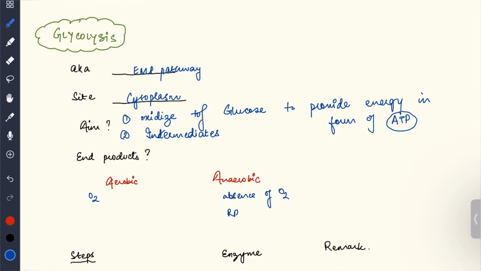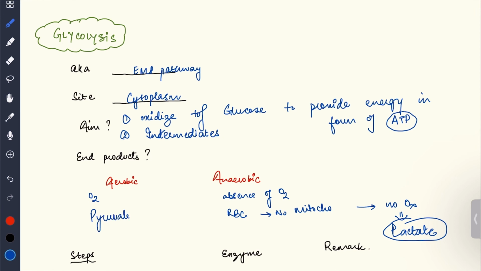Like RBC. RBC lacks mitochondria, so there will be anaerobic glycolysis, and the end product will be lactate. And in aerobic, the end product will be pyruvate. We'll see how pyruvate is formed and how lactate is formed.